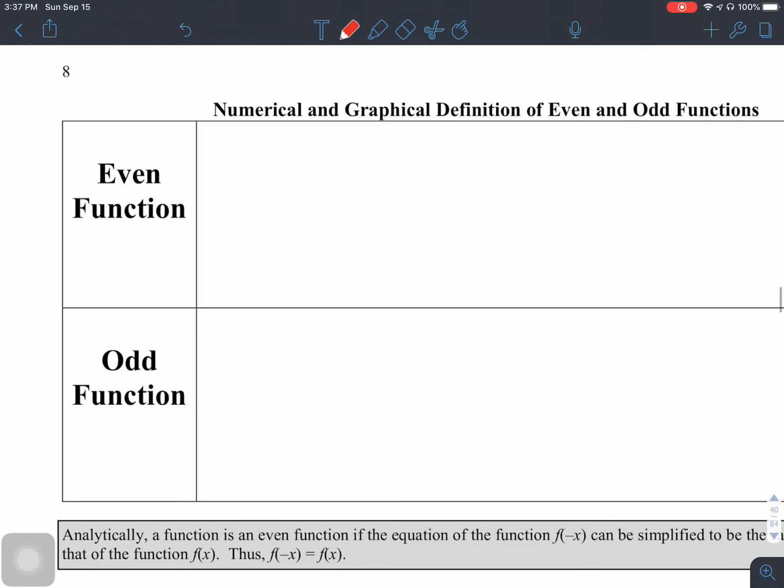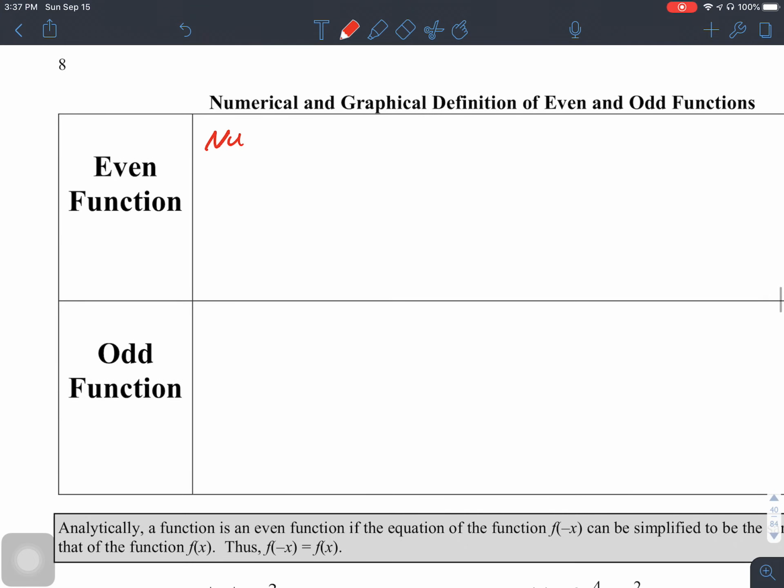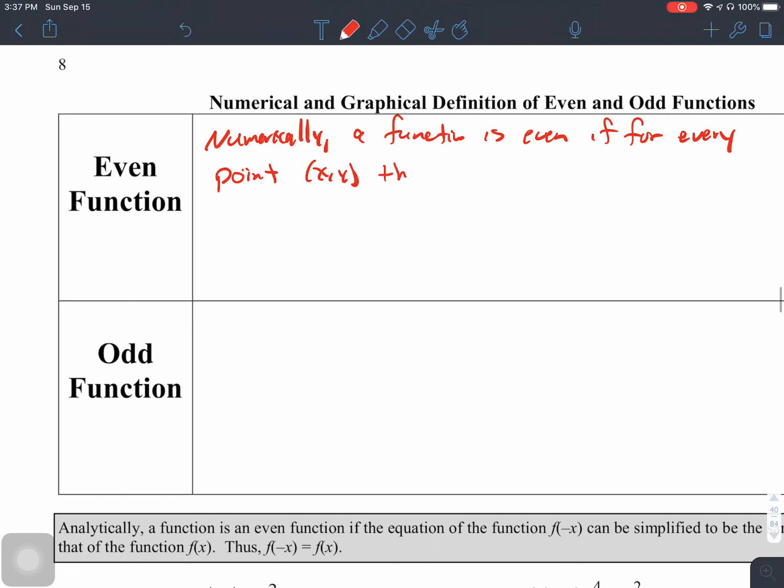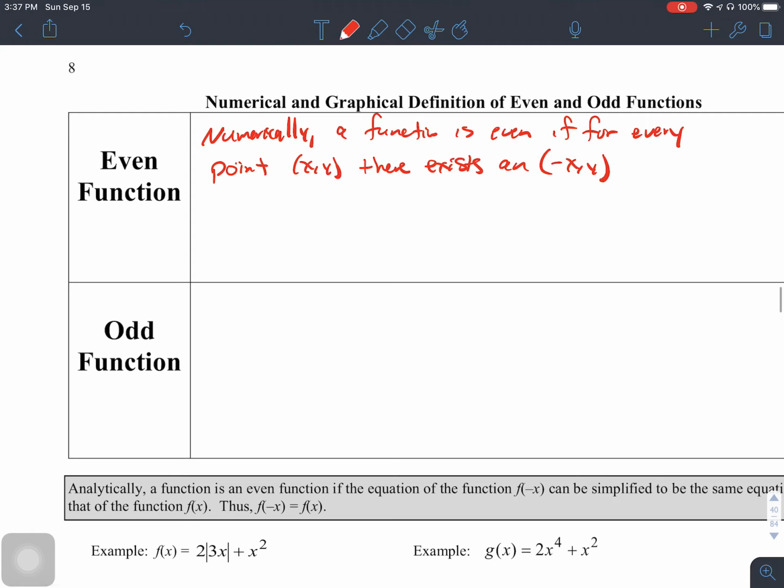Numerically, a function is even if for every point x, y there exists another point negative x, y. Write that down, please. We left some space because we needed to also describe it graphically.